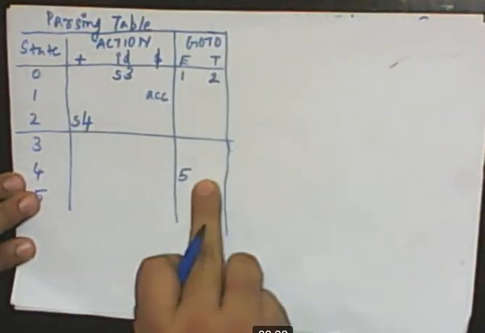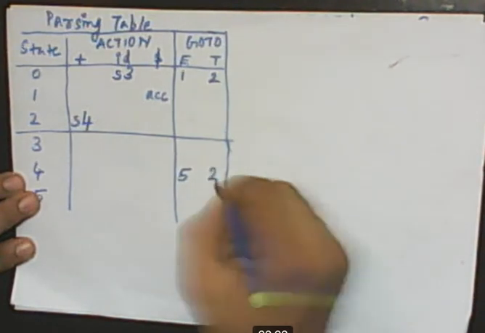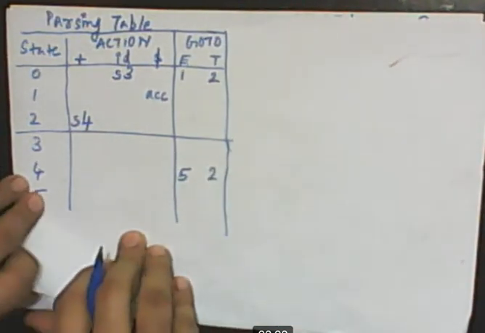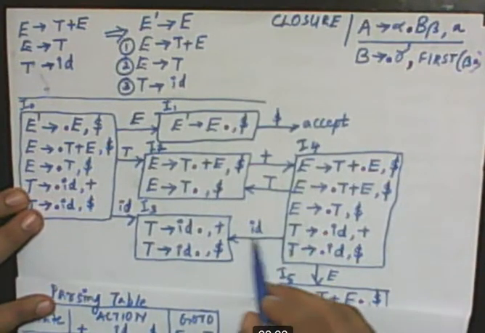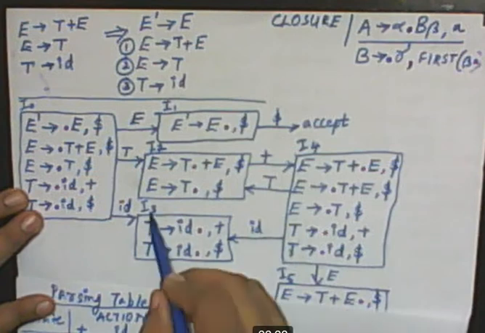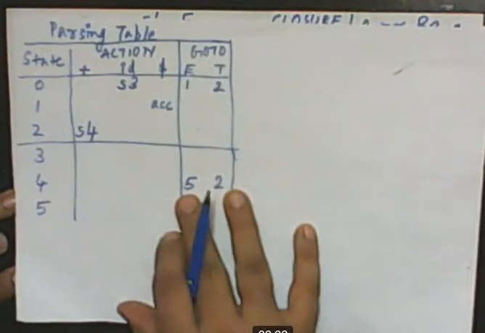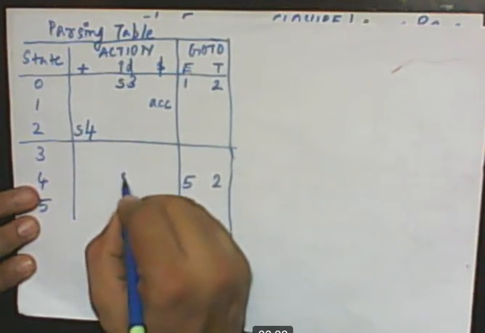So you mark 2 here. And on 4 you have an ID transition also, so that is a shift operation. So 4 on ID goes to I3, that is a shift operation S3.